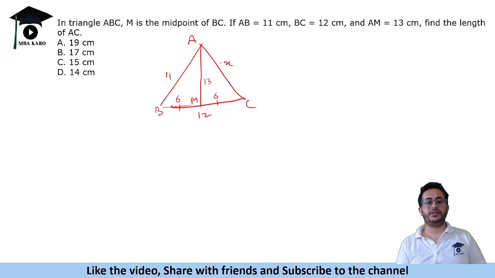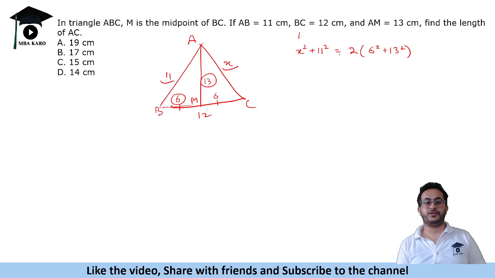Now there is a theorem which is called Apollonius theorem, which says that if you draw a median like this, then x square plus 11 square is equal to 2 times of 6 square plus 13 square. So basically the theorem says that the sum of the squares of two sides is 2 times the sum of the squares of the median and half of the third side.